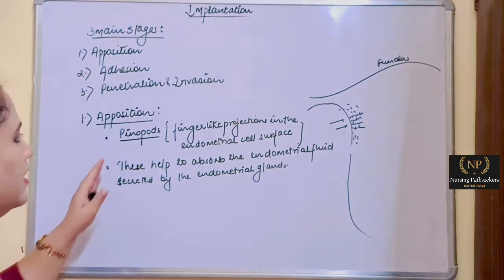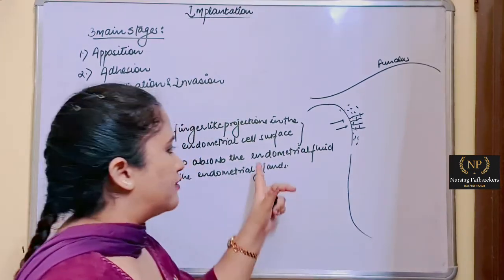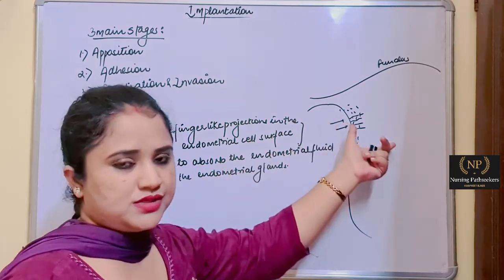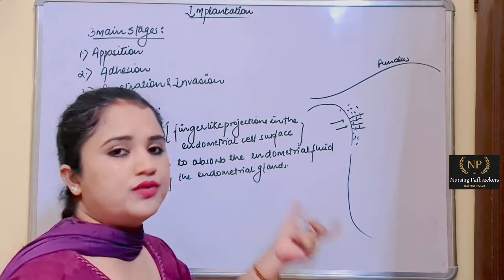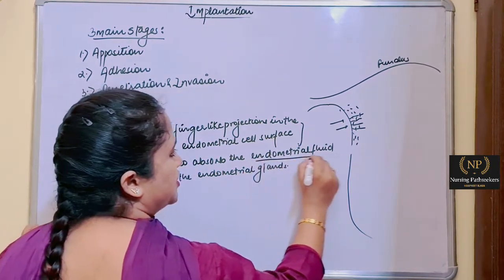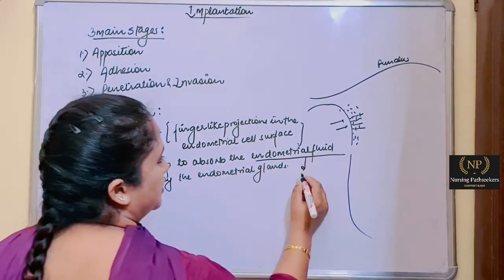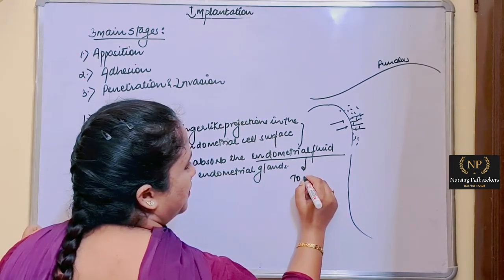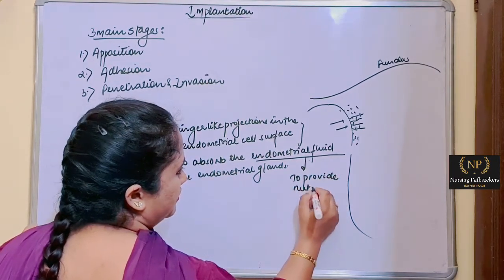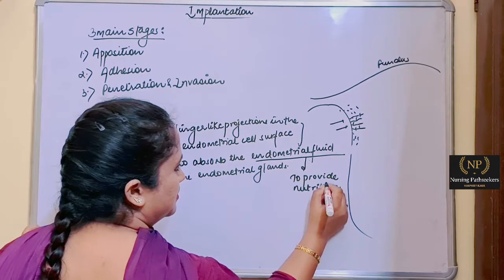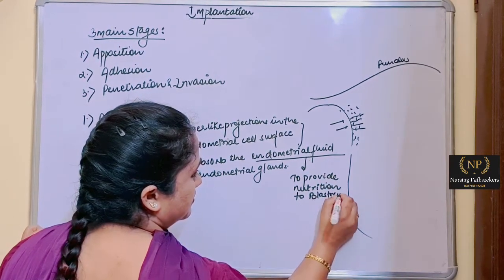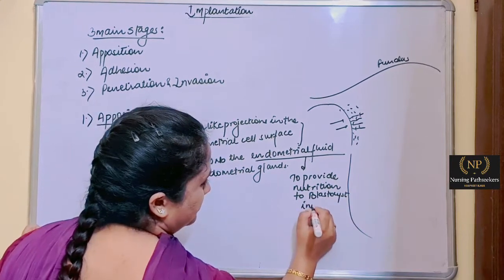This fluid was secreted by the endometrial glands in order to keep the blastocyst moist and to provide nutrition to it. The function of this fluid is to provide nutrition to the blastocyst initially.